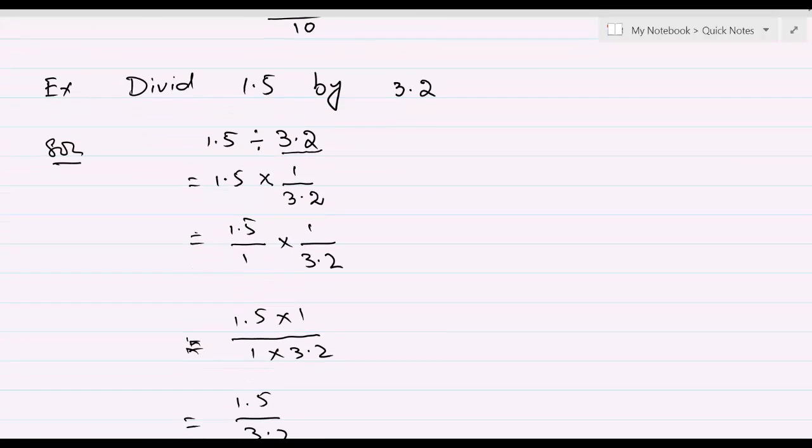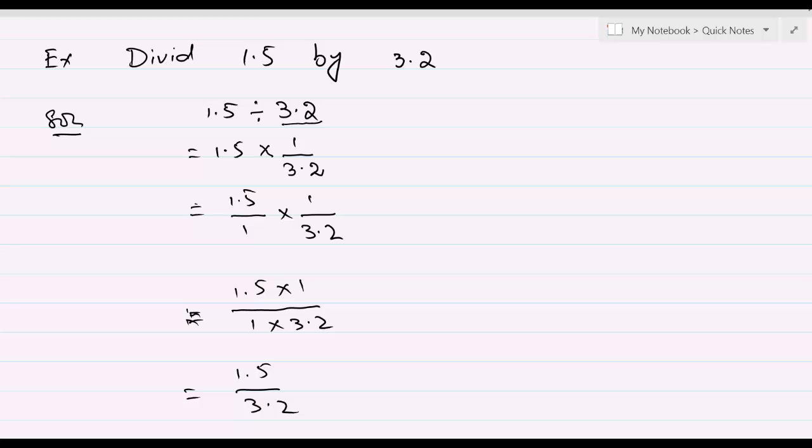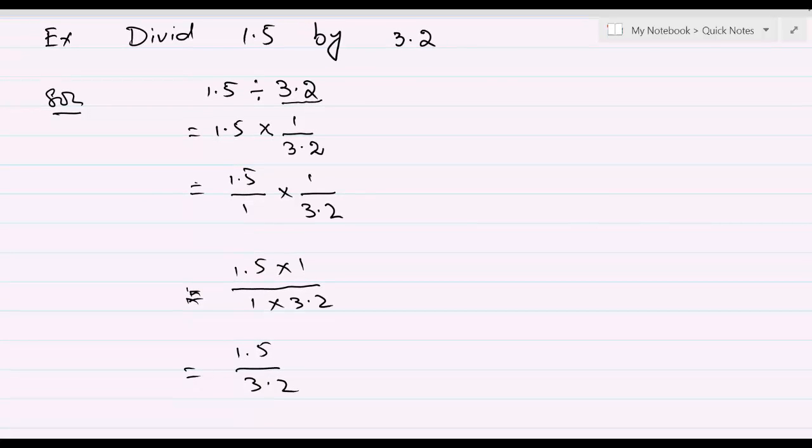So even in the start, instead of writing 1.5 divided by 3.2, that's why I explained in the start that you can directly write 1.5, then this division bar, and then 3.2.